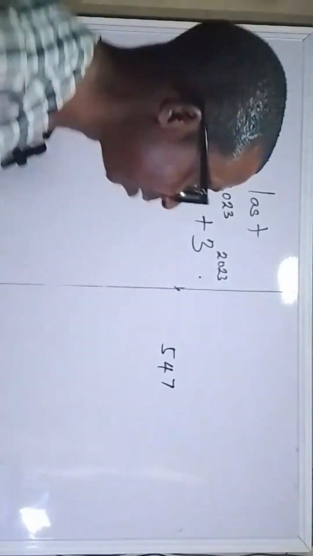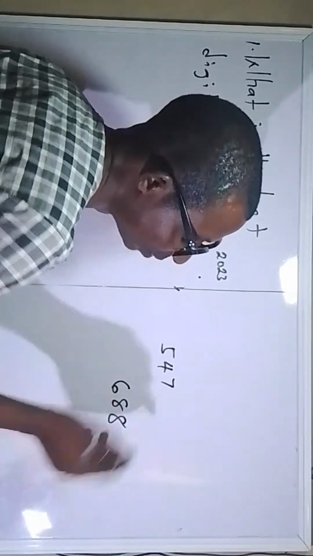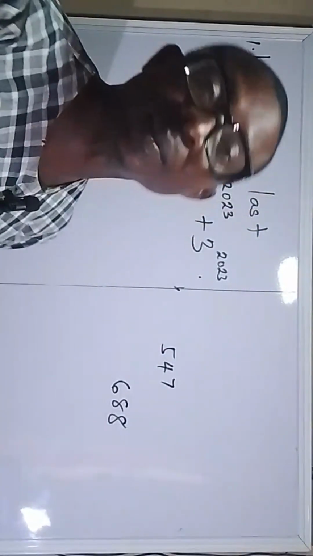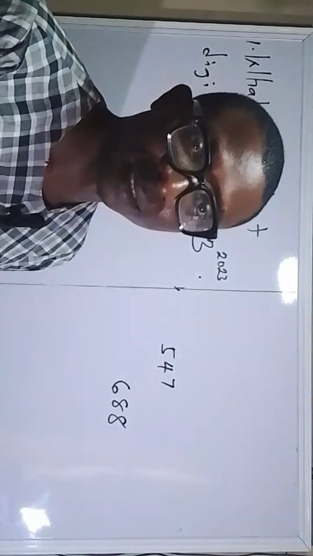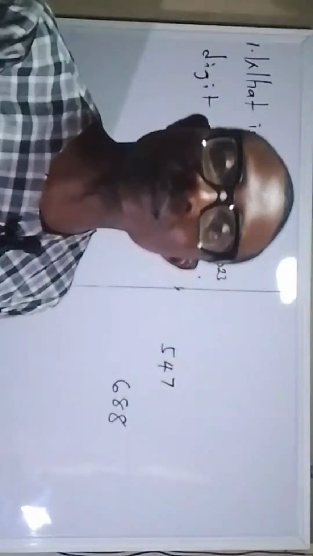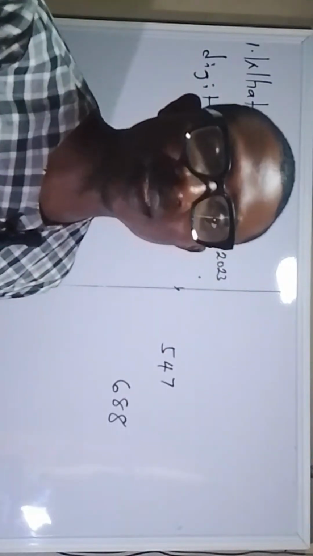Take for instance 688, the last digit is 8. When you divide it by 10, the remainder is going to be 8. So that means whenever a number is expressed in modulo 10, the answer is always the last digit.